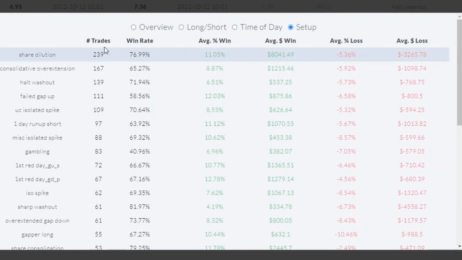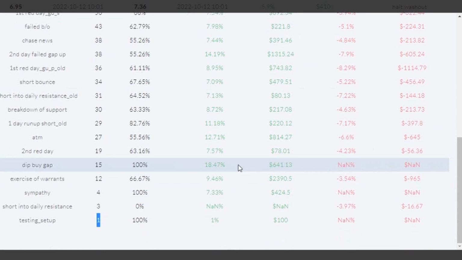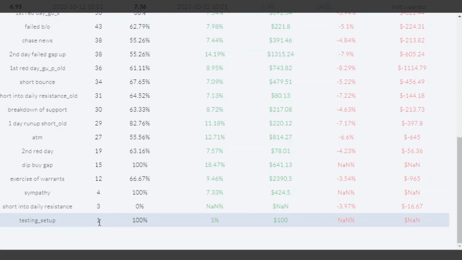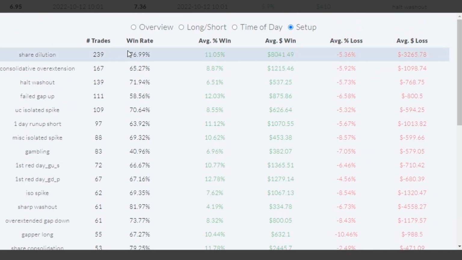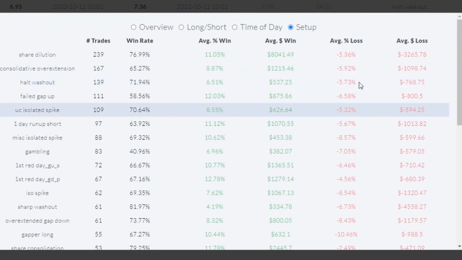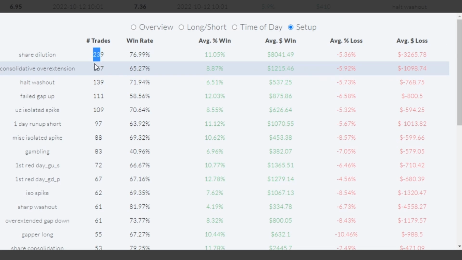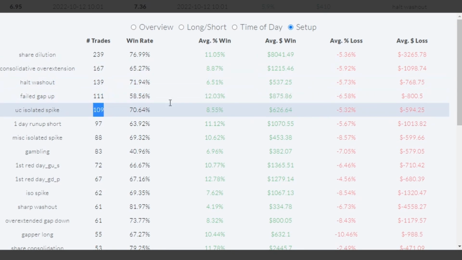That's why it's at the bottom. As you trade more strategies, the software automatically pushes the strategies you've traded with more frequency to the top, because this is ordered by the number of trades you've executed for each strategy.